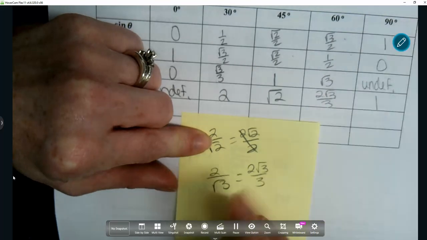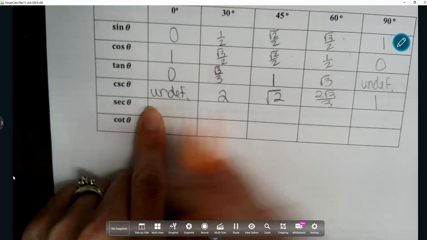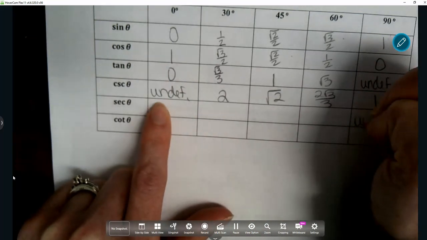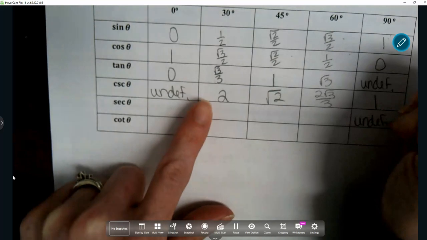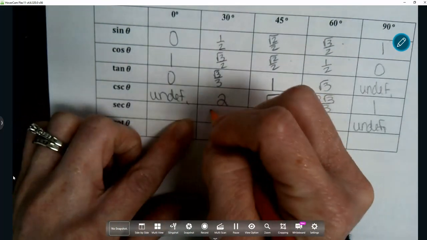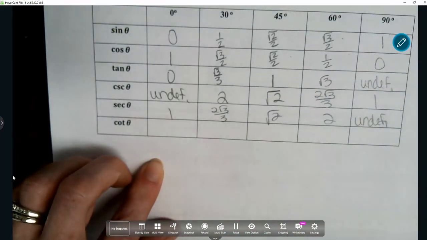And reciprocal of 1 is still 1. And if you remember cofunctions, secant, you could either do the reciprocal of all your cosines or just do your cosecant in reverse. So it's going to be undefined, 2 radical 2, 2 radical 3 over 3, and 1.